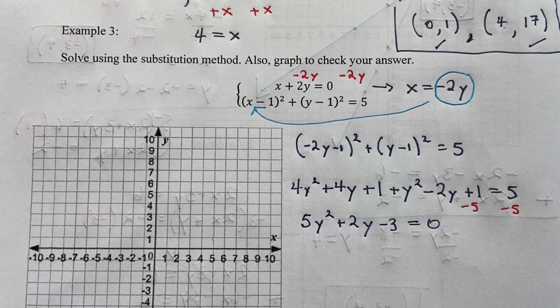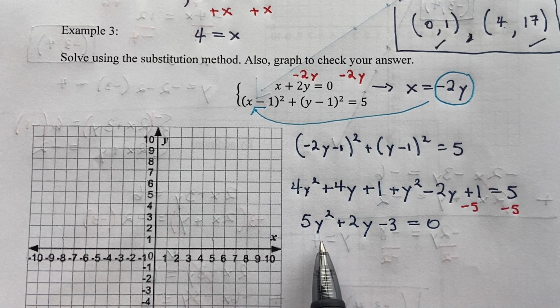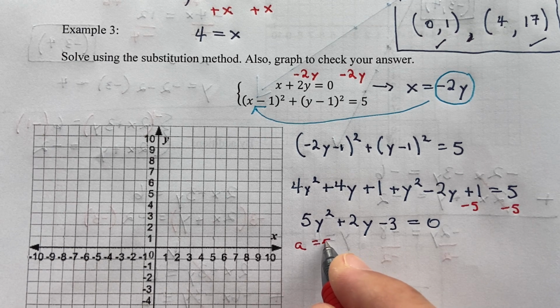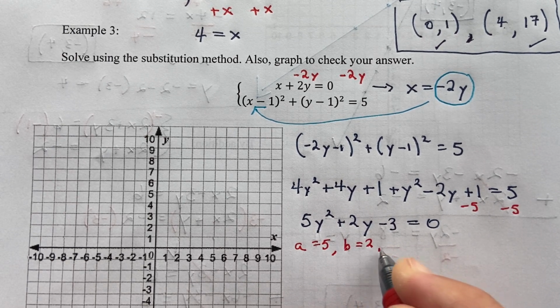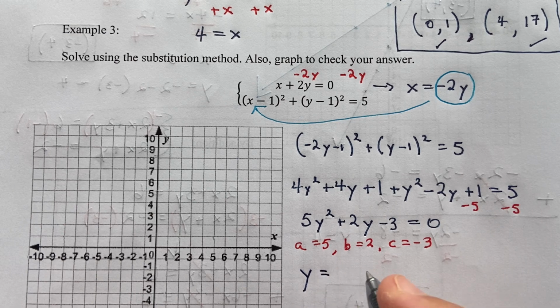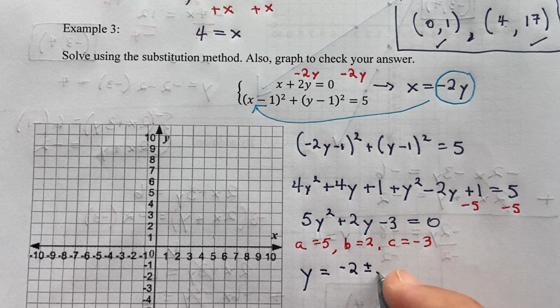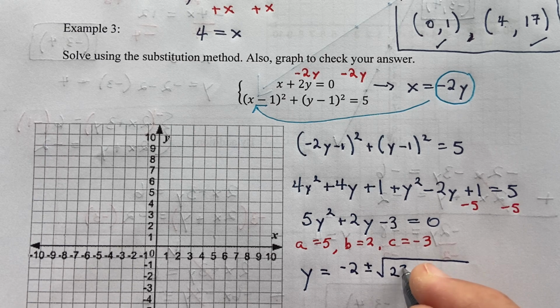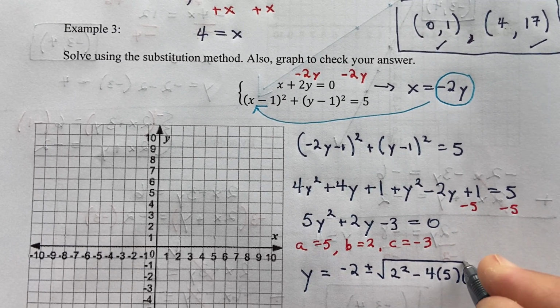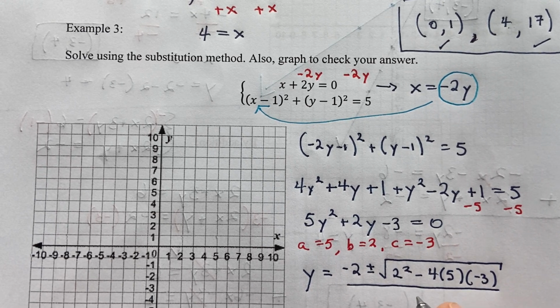All right. We can use the factoring technique or the quadratic formula. I'll just use the quadratic formula with a equals 5, b equals 2, and c equals negative 3. So y would equal opposite of b, plus and minus the square root of b squared minus 4 times a times c, all over 2 times 5.